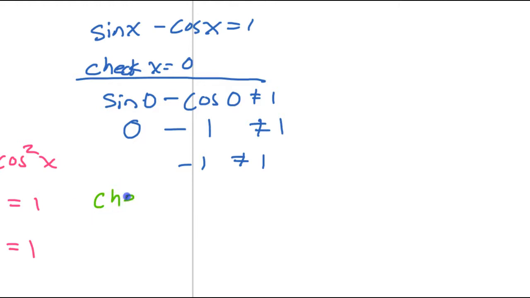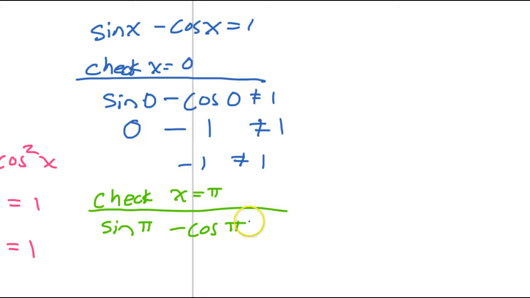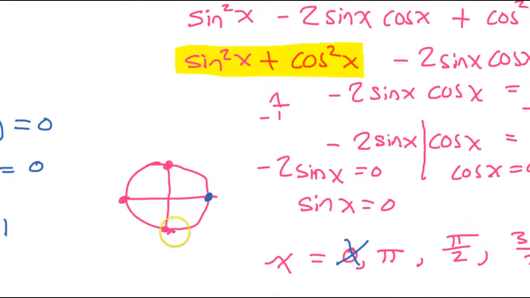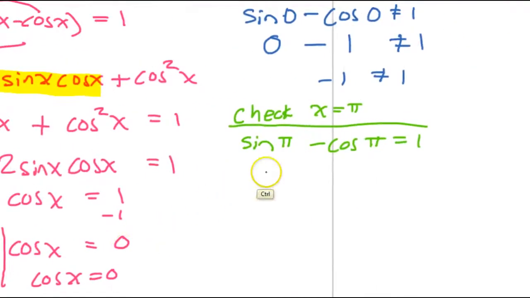Okay, I'm going to check x equals pi. So this would be sine pi minus cosine pi is equal to 1. Okay, so pi is over here on the left-hand side. So sine of pi is 0.